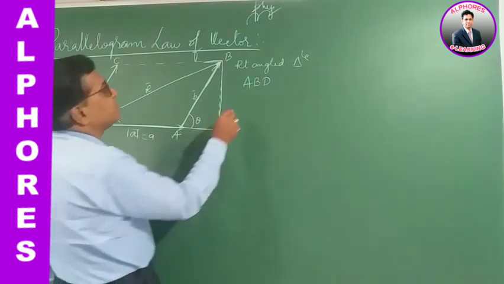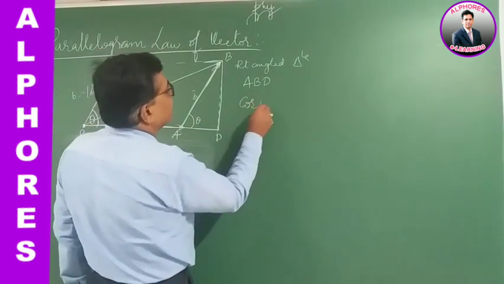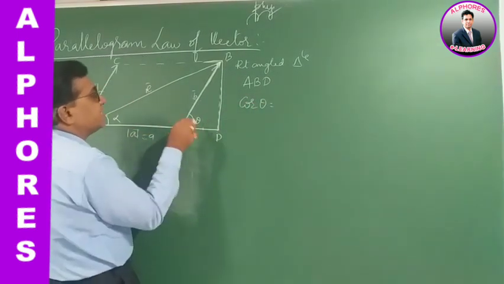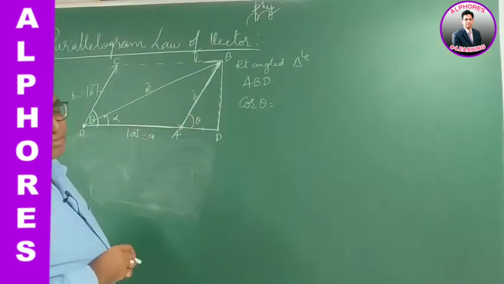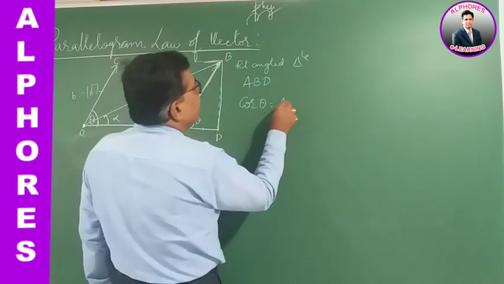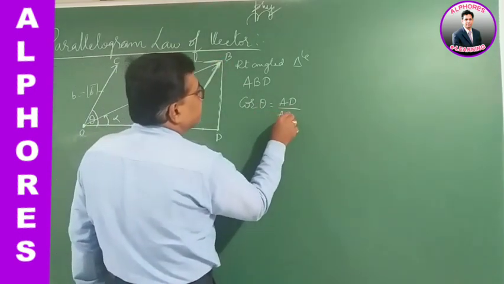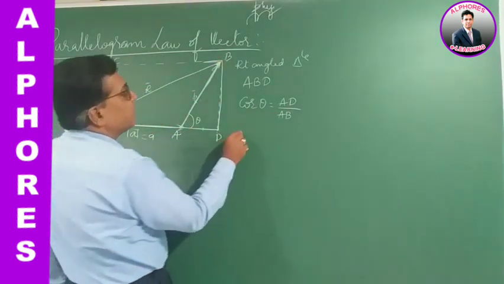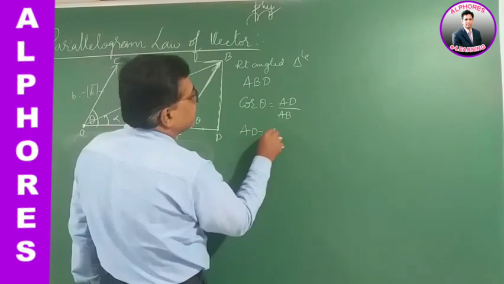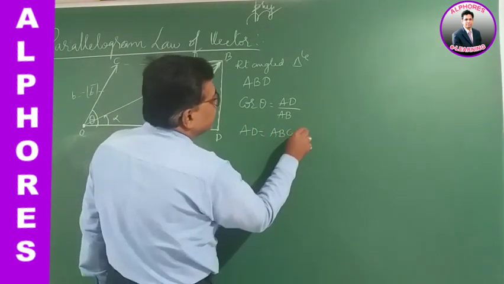Apply cos theta. You know, cos theta is adjacent by hypotenuse. So cos theta is equal to AD by AB, so I can write AD as AB cos theta.